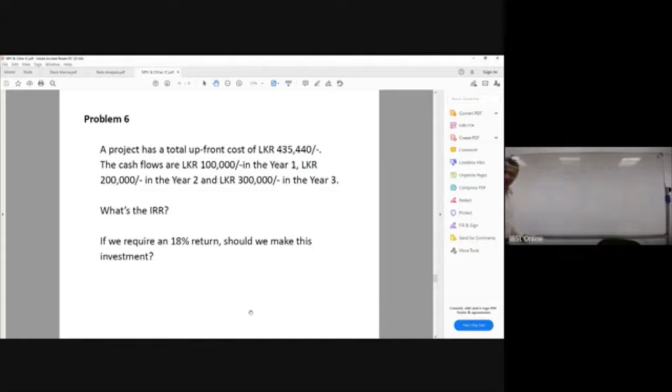All these pins, again, you can't see. 435,440. Then the cash flow is 100,000 in year 1, 200,000, and 300,000.